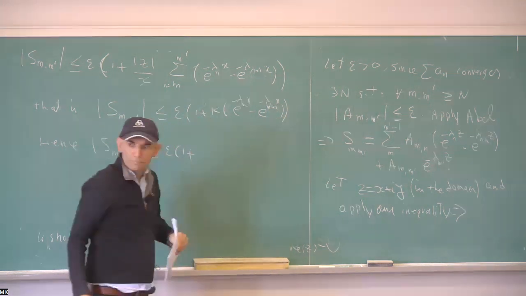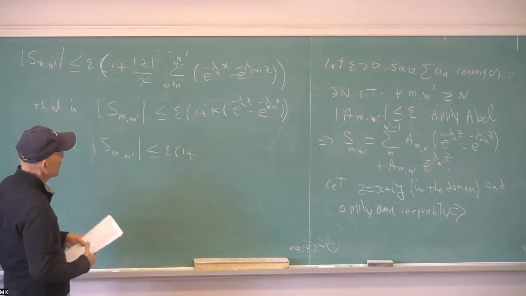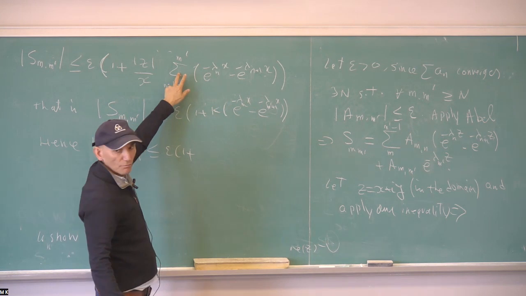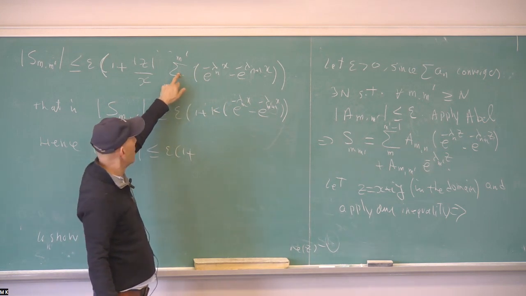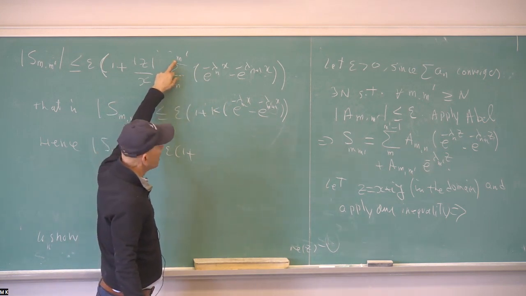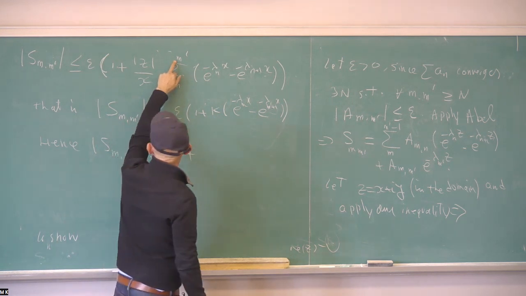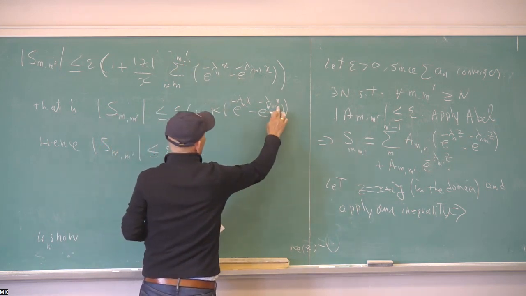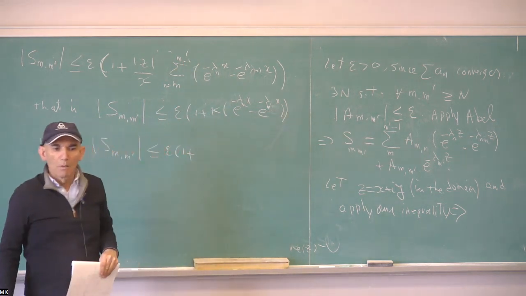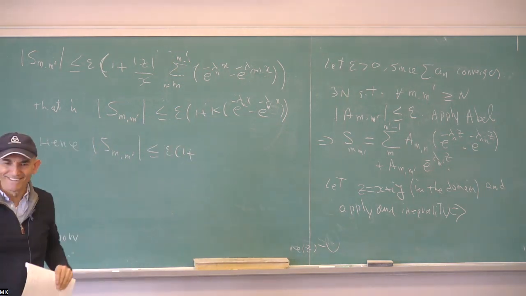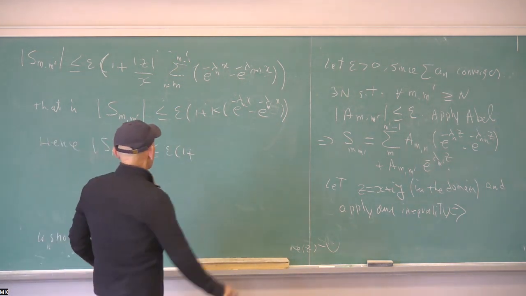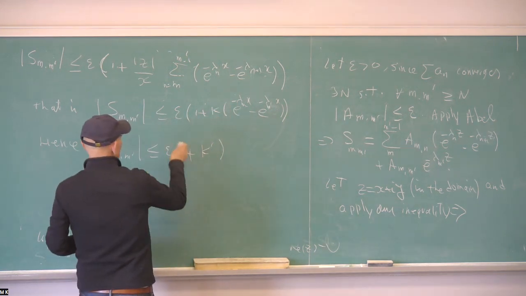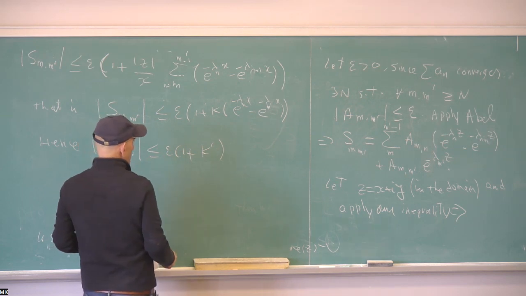According to my formula in general, it's less than or equal to 2 anyhow. So I call that K prime, a constant which is independent of x and all that.